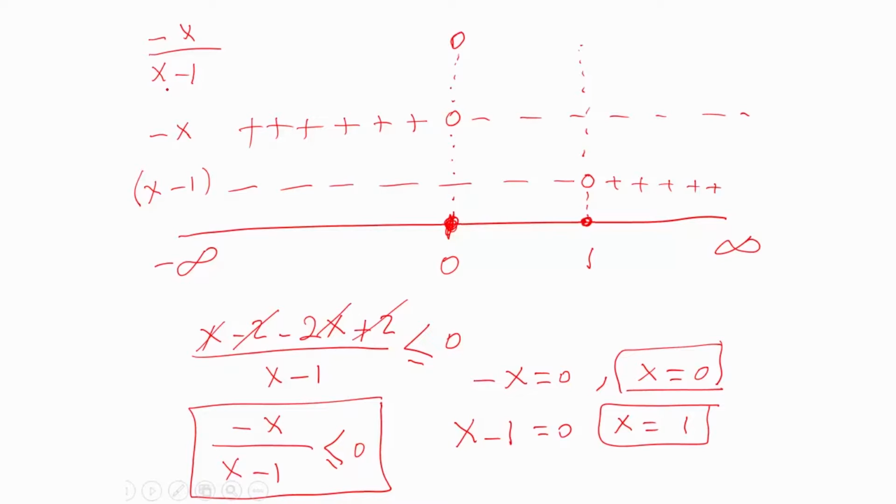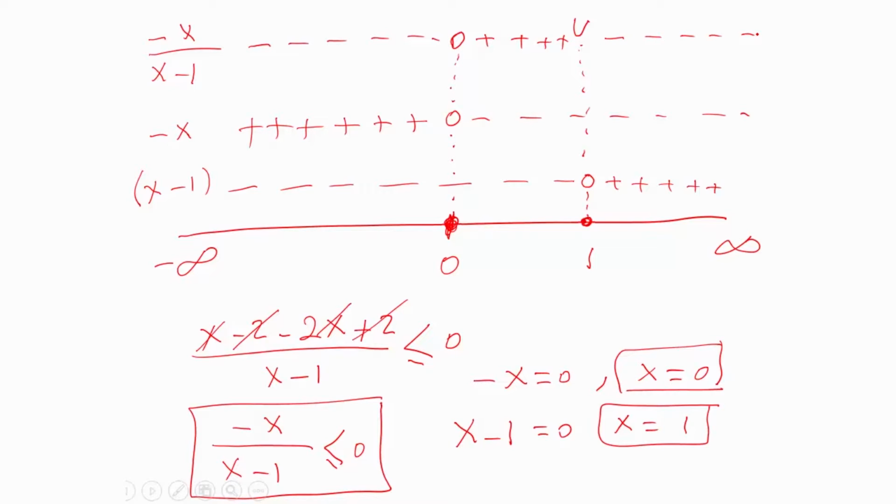Remember, anything divided by 0 is undefined. So I say just U for undefined. Now, the three sections: this area here, this area in the middle, this area to the right. You say positive divided by negative would be a negative number. Negative divided by negative would be a positive number. Negative divided by positive would be a negative number.